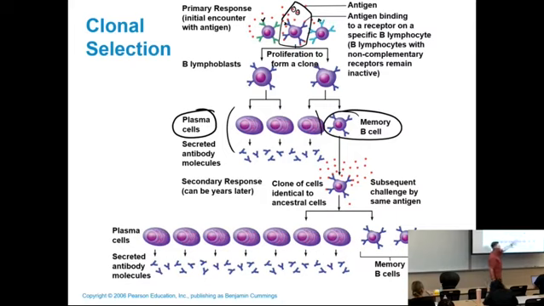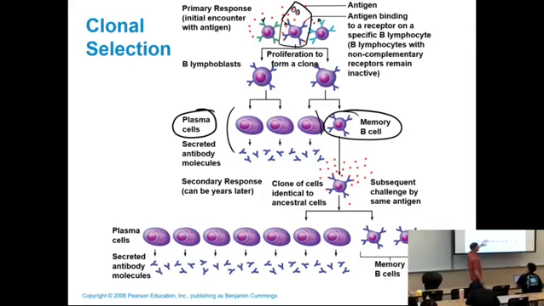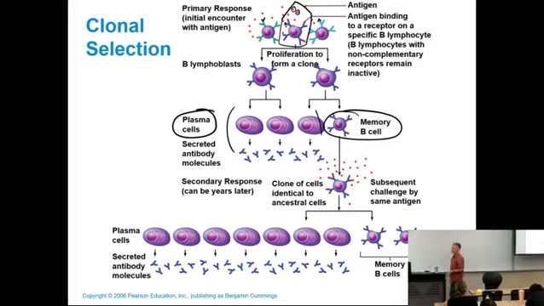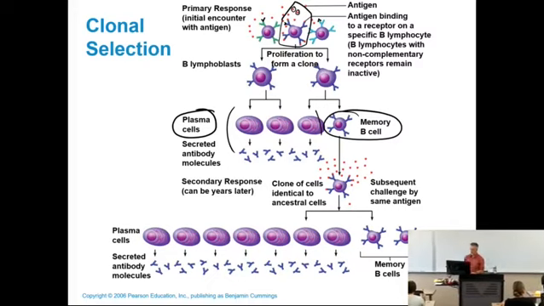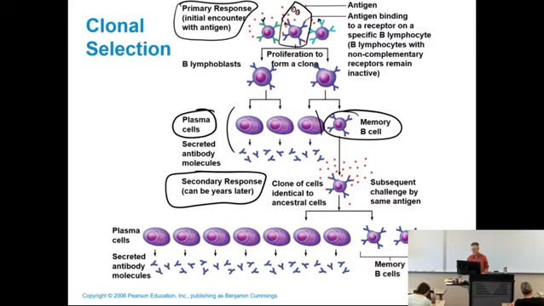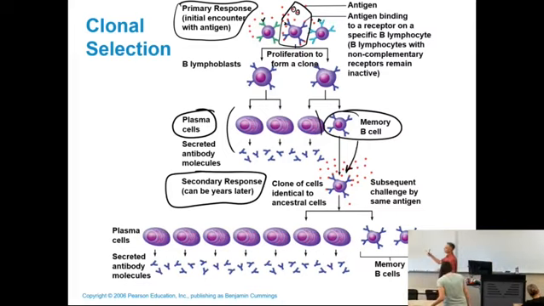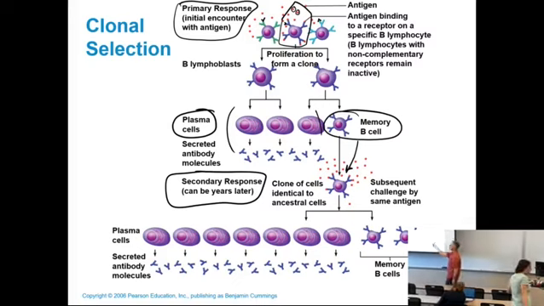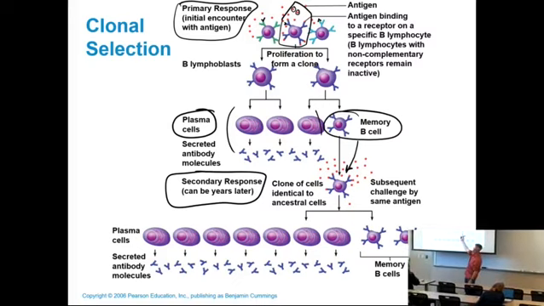The other thing that we see down towards the bottom part of the slide is what's called a secondary response as well. A primary response is when we first encounter a particular pathogen. A secondary response is always going to come from our memory cells. Our memory cells are what are going to generate this secondary response because they have seen this pathogen before.